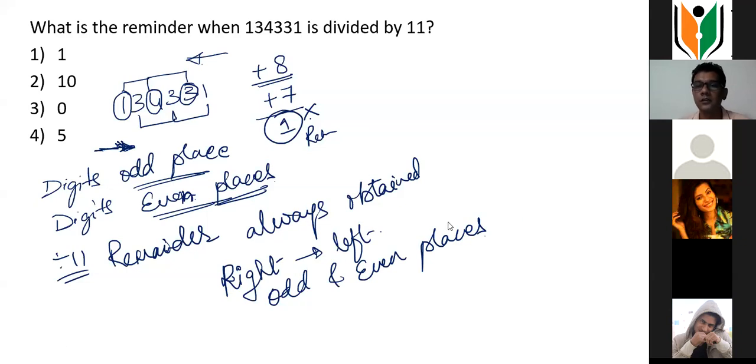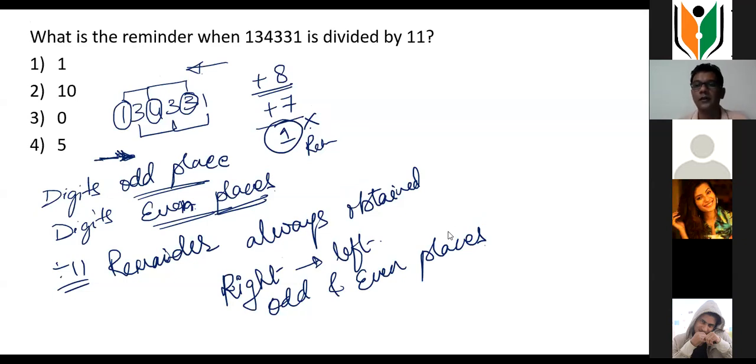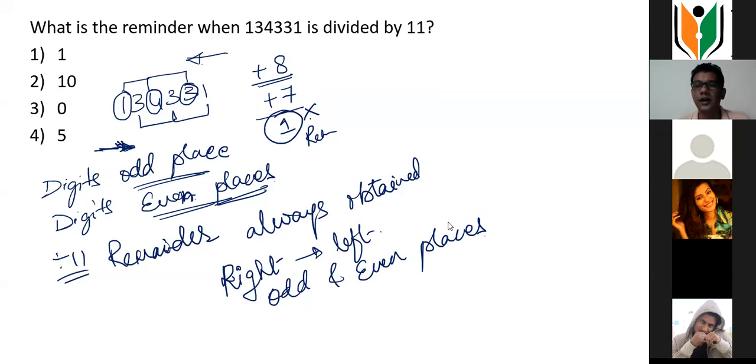Did I answer your question? Yes, I understood. Okay. Now Ira asked, what if the difference was -4? So Ira, if the difference is any value, in this case it was -1, but say the difference was -3, then I will do 11 minus 3. If the difference is -10, then I'll do 11 minus 10.